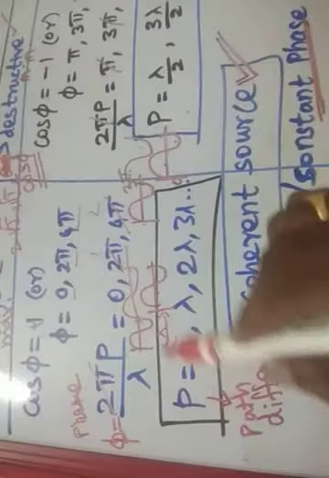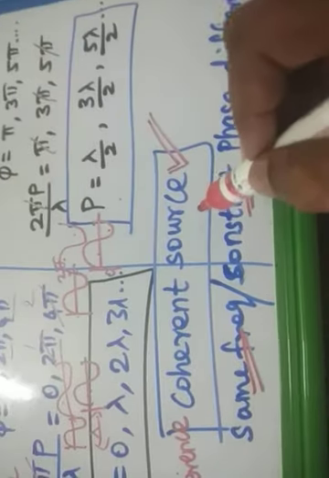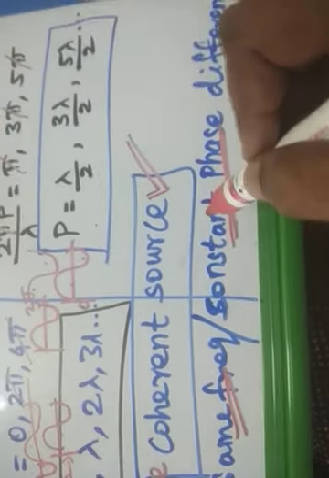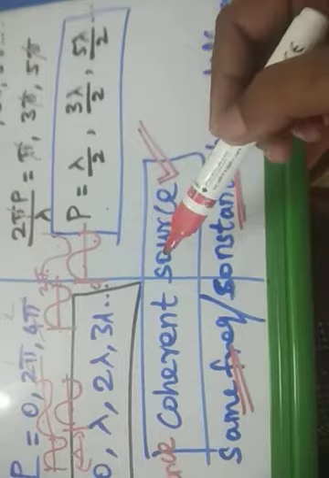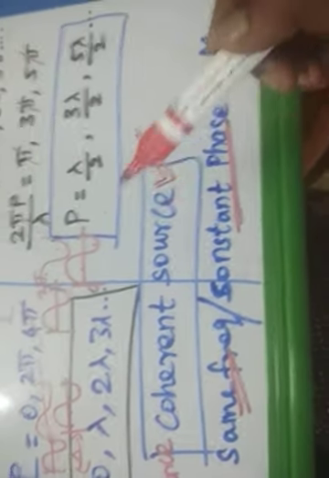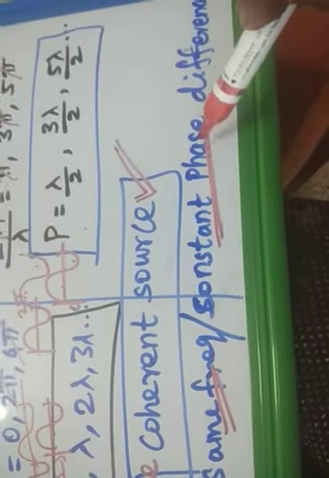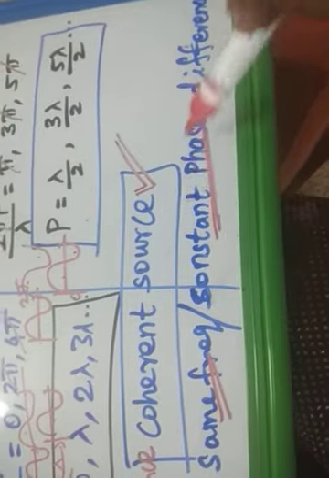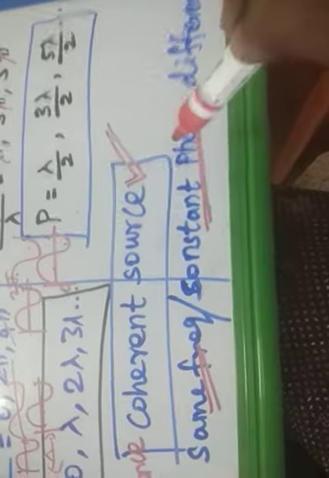A coherent source is two sources of light which continuously emit light waves of the same frequency and zero or constant phase difference. If there is no constant phase difference, that is an incoherent source.